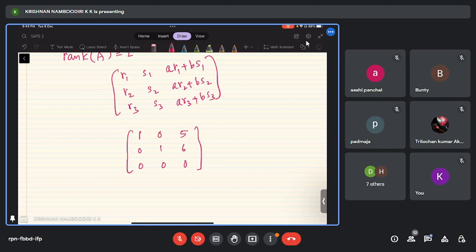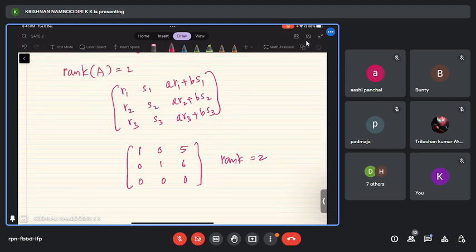Everybody agrees with that? Here the rank is 2. So rank equal to 3, that means full rank, means all the 3 columns or all the 3 rows are linearly independent. Agree?